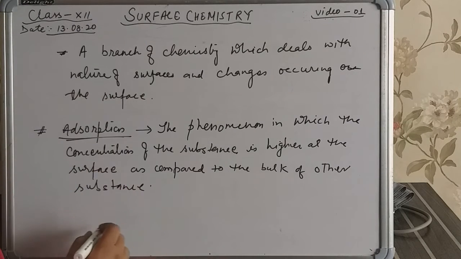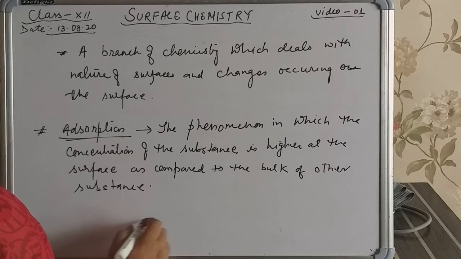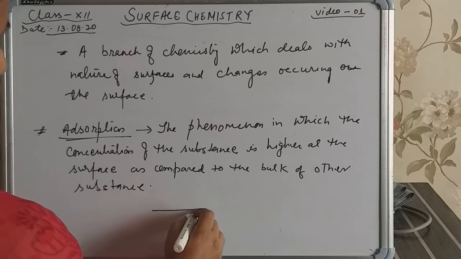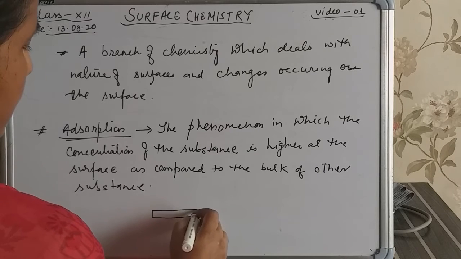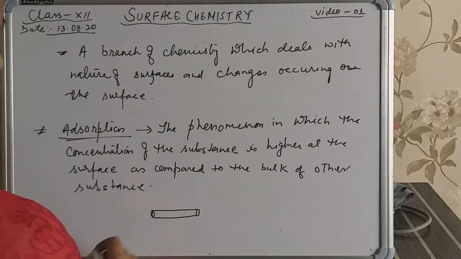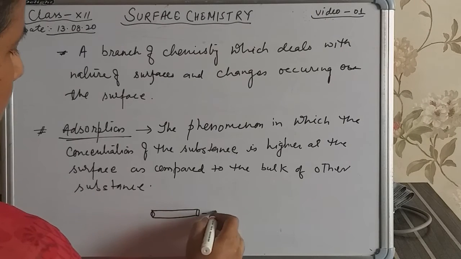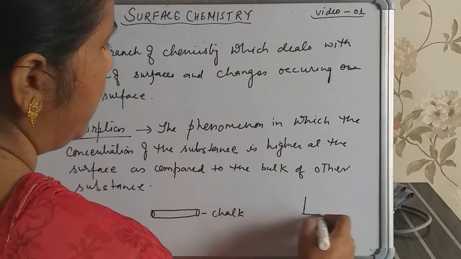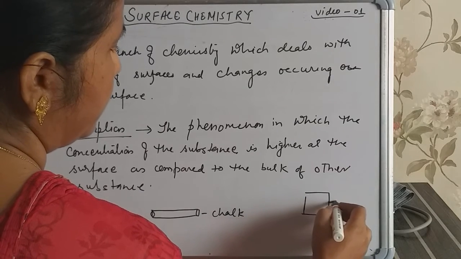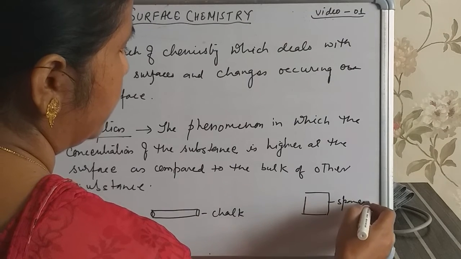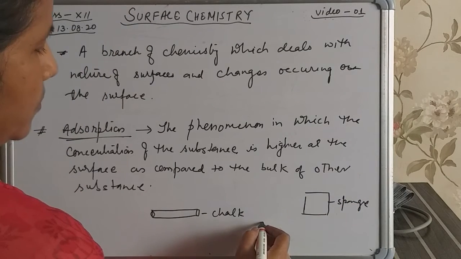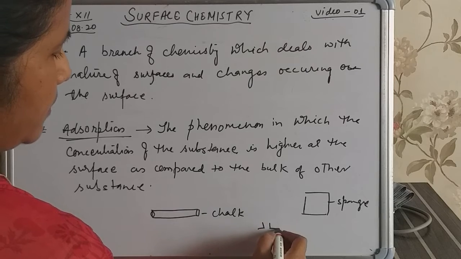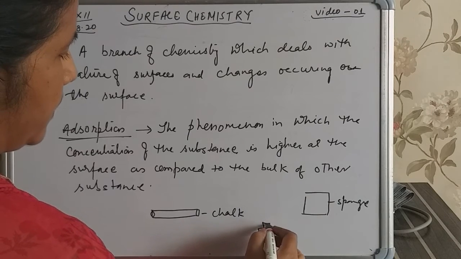So students, let's see the explanation with the diagram. Suppose we have a chalk we use in the classroom, a chalk and a piece of sponge, and one pot of ink.